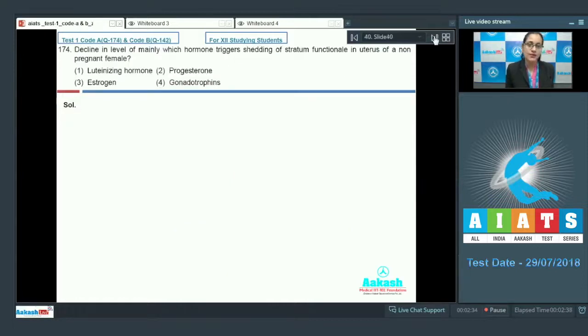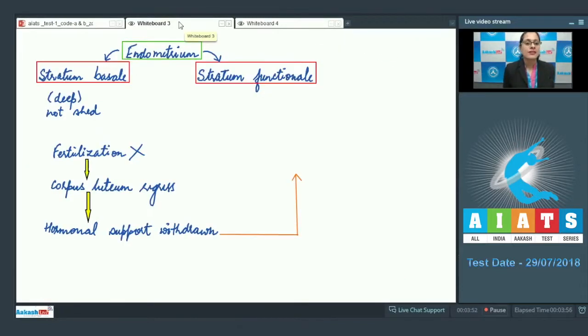Question number 174. Decline in level of mainly which hormone triggers shedding of stratum functionale in uterus of a non-pregnant female? So for this, we must understand that endometrium is composed of 2 layers, that is stratum basalis, which is the deepest layer and doesn't shed during the menstruation cycle, and stratum functionale.